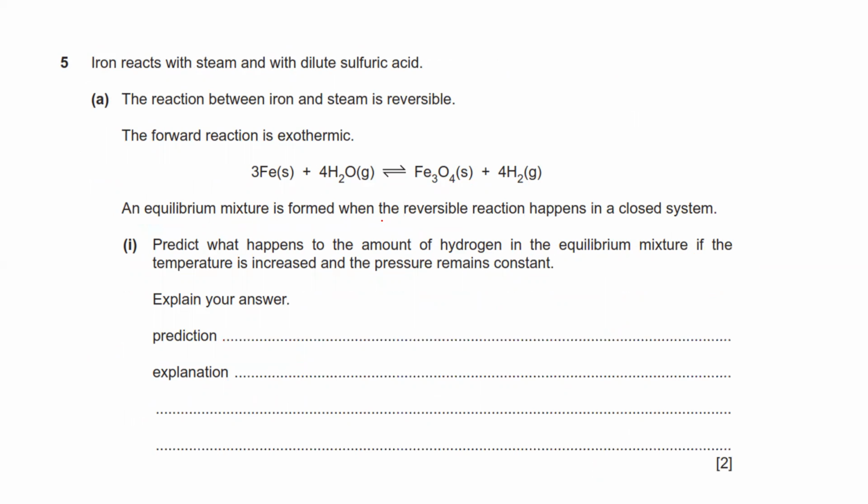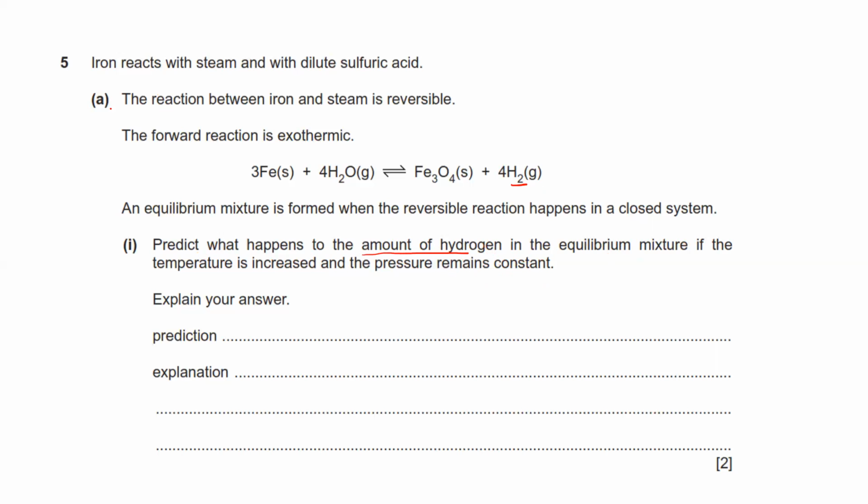An equilibrium mixture is formed when the reversible reaction happens in a closed system. Number 1, it says predict what happens to the amount of hydrogen in the equilibrium mixture if the temperature is increased and the pressure remains constant.